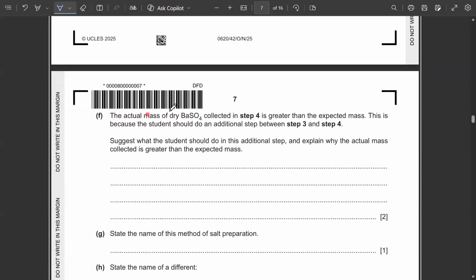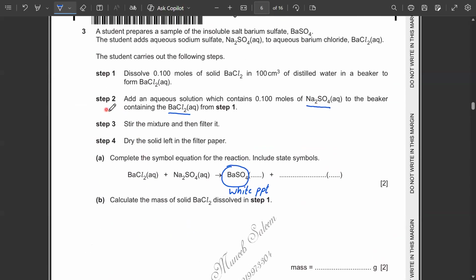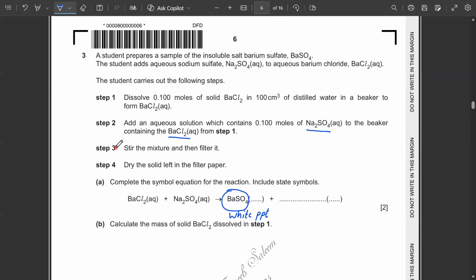Then part F: the actual mass of dry barium sulfate collected in step 4 is greater than the expected mass. This is because the student should do an additional step between step 3 and 4. Suggest what the student should do. Coming back to this step, step 3 was to stir the mixture and then filter it, and step 4 was to dry the solid left in the filter paper.